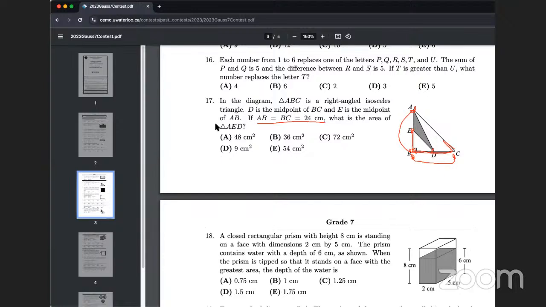Because it's in the middle, right? 12, yes. So then these would be 12, 12, 12, 12.